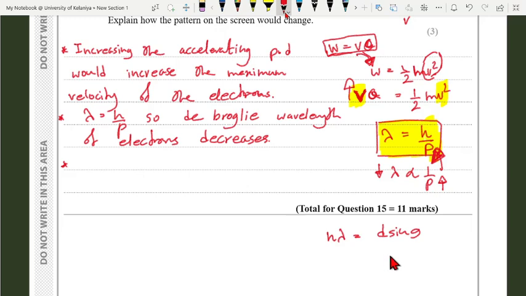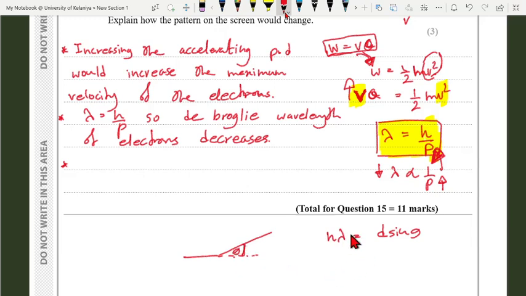Suppose it is moving like this, and this is the refracted ray, and this is our theta.